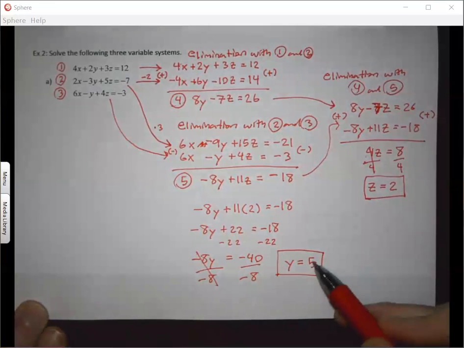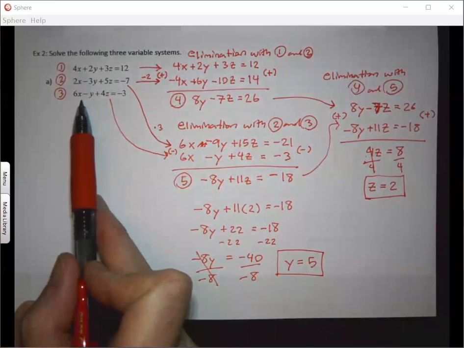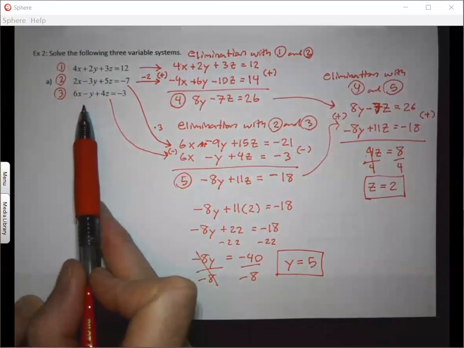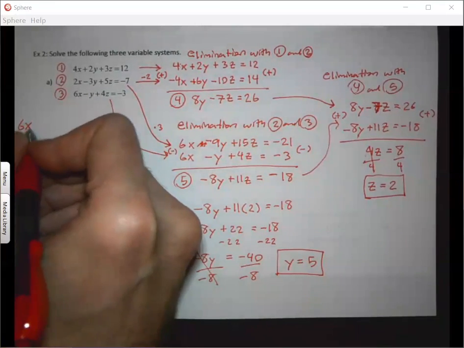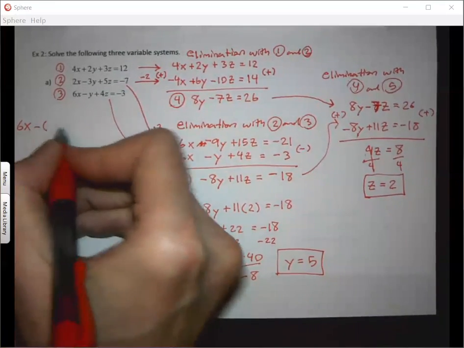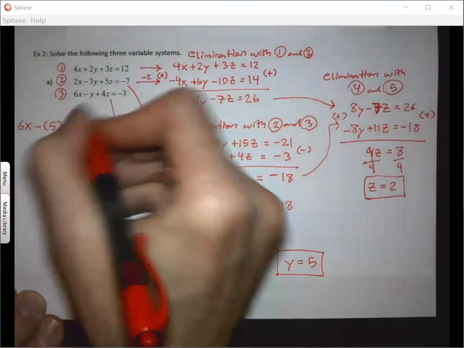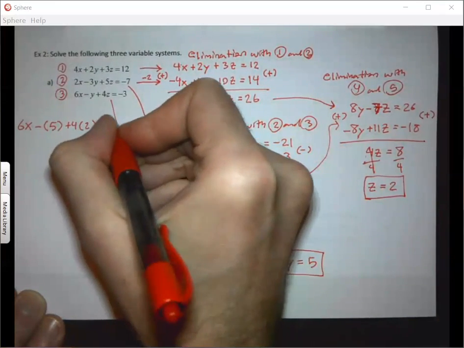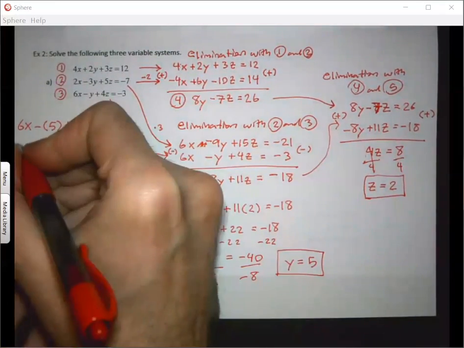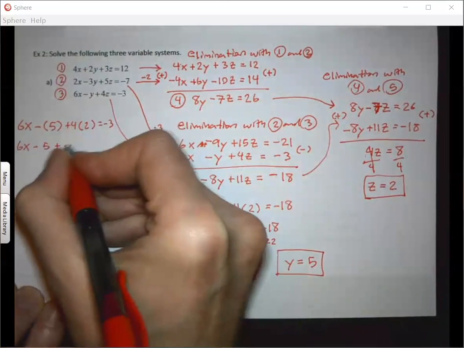Now that I know two variables, we can take those two, plug them back into one of the originals, and find x. Doesn't matter which one you use. I'm just going to go ahead and use 3. So we'll say 6x minus y, which we know is 5, plus 4 times z, which I know is 2, equals -3. Simplify. 4 times 2 is 8.